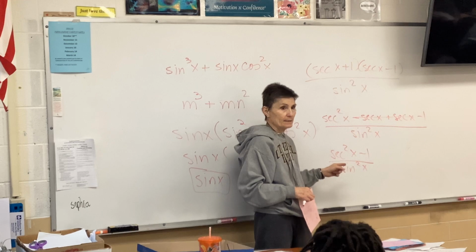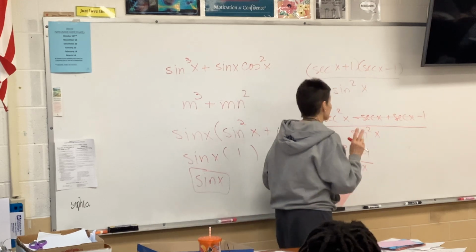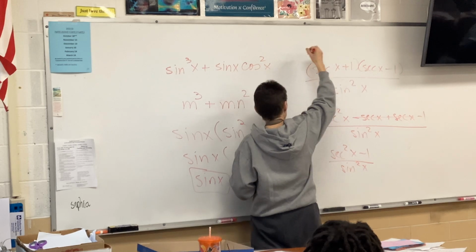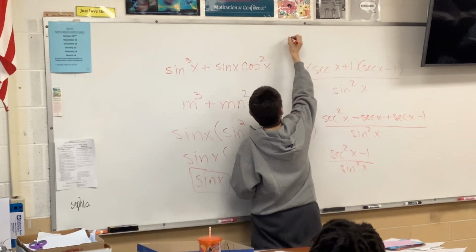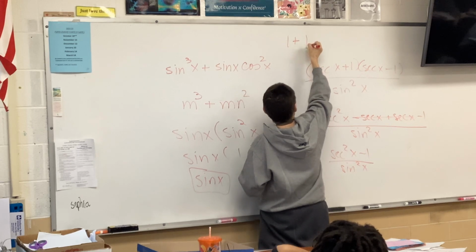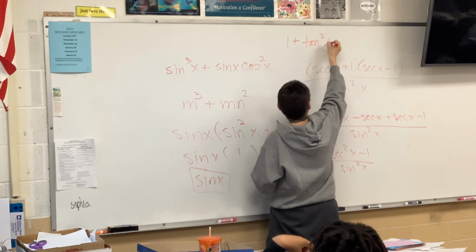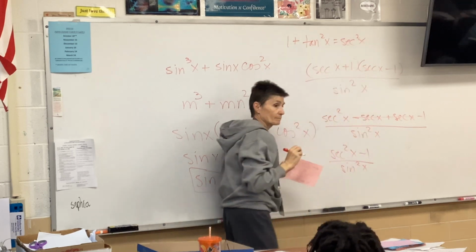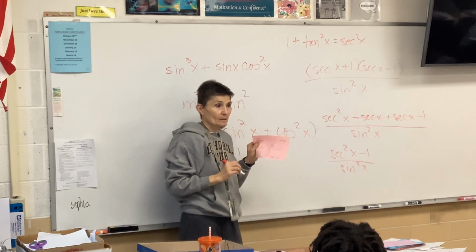It's not going to look exactly like this. Yes. What does it actually say? 1 plus tangent squared equals secant squared. Isn't that what it says?